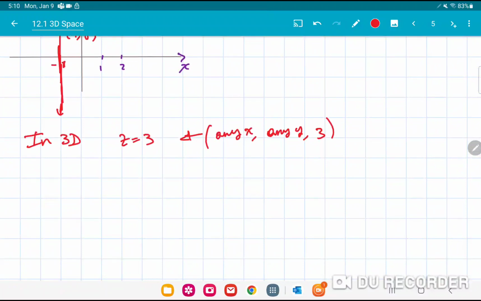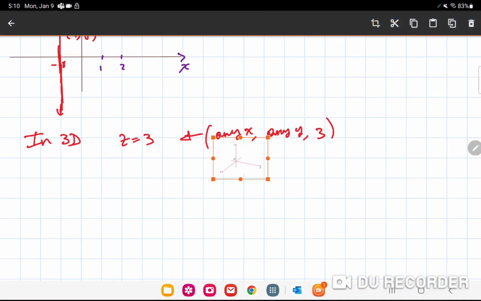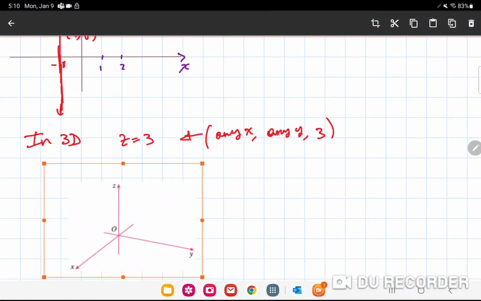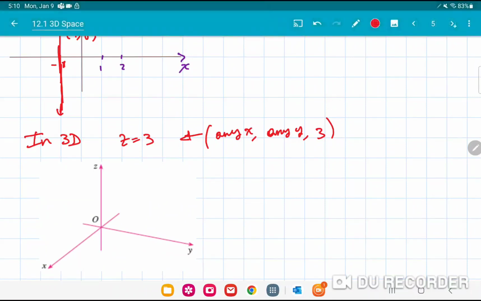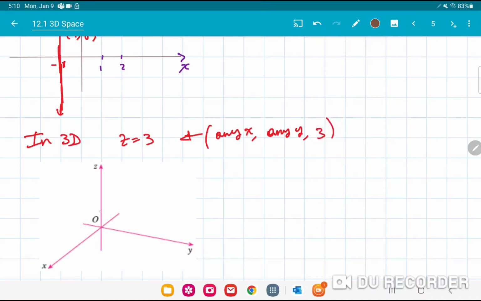Okay, I'm going to bring in that xyz axis that I stole from the book, and see if I can draw z equals 3. Let me change pencil. 1, 2, 3.